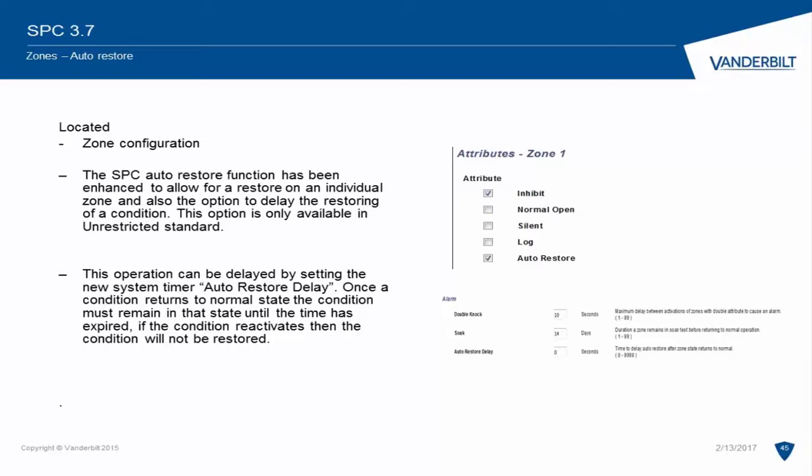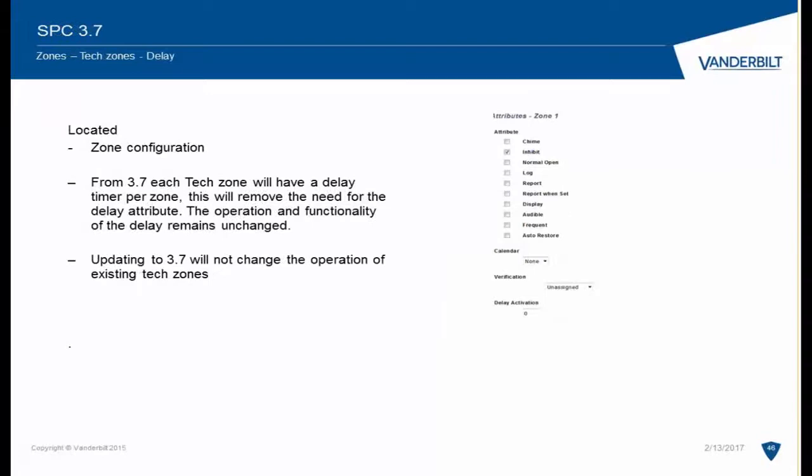So in each zone now you can select auto restore, and we also have a timer called auto restore delay. So when a zone closes, if the auto restore delay is set to 0, it will automatically restore. If it's set to 10 seconds, it'll restore after 10 seconds. And if it reopens within that 10 seconds, it will not restore. So very useful feature for systems that are completely monitored or there is no human on site to restore them.